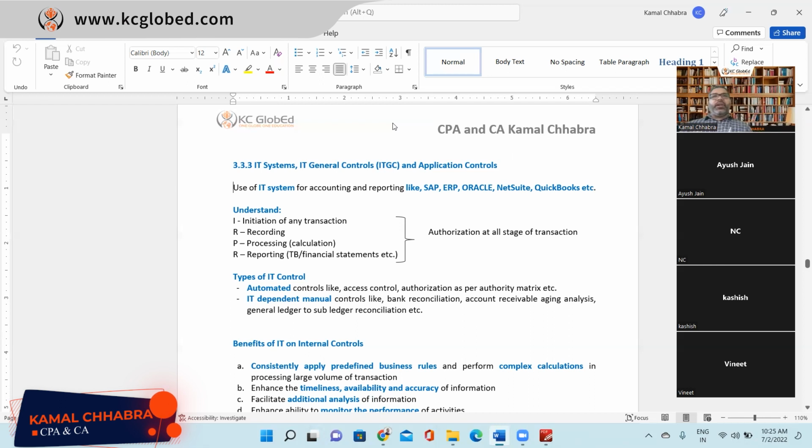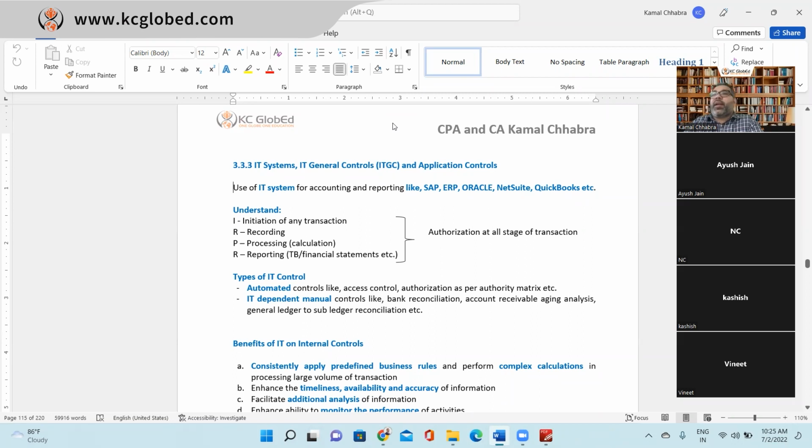Second is IT dependent manual controls. These are controls in which we perform a manual review based on an IT generated report. Like in the last class, we discussed bank reconciliation review, accounts receivable aging review, accounts payable aging review, or trial balance review, or general ledger and subledger reconciliation review.